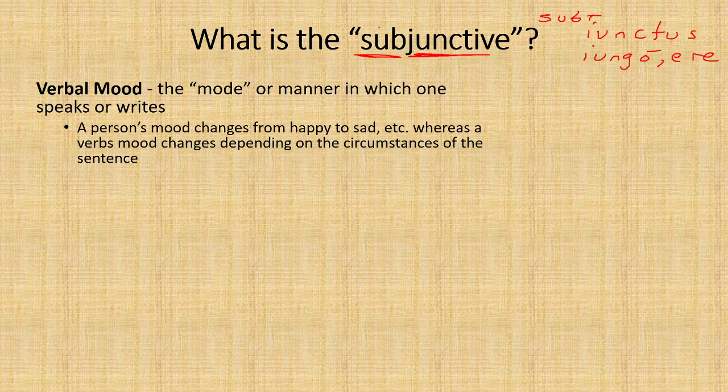Let's keep going. So the verbal mood, I'd like to just do a little bit of definition work right now. We'll talk about exactly what mood is and what it means for us when we talk about verbs. Verbal mood, we haven't really talked about it a lot, but there's a couple different things that we have mentioned already.